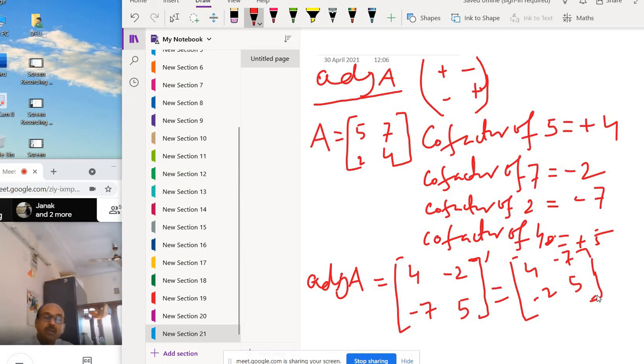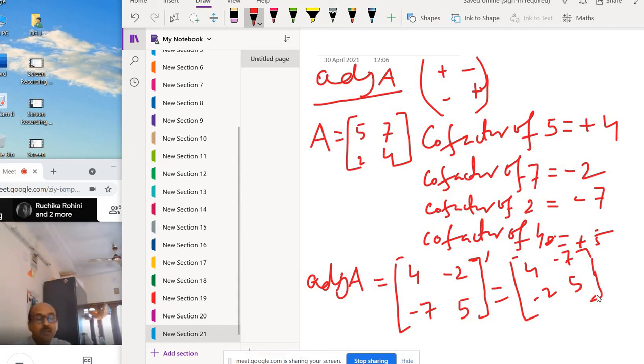Is it clear? Any question, any doubt? How to find the adjoint? At first you have to find the cofactors of all the elements. Then you write the cofactors in their element positions and take the transpose.